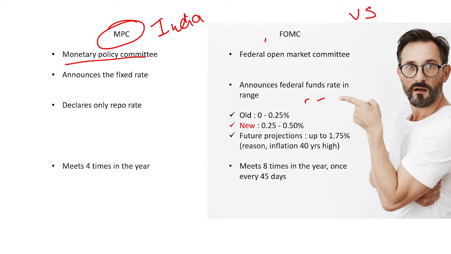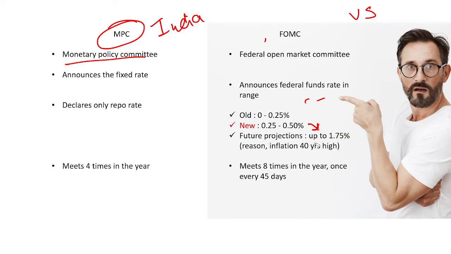Then the future projection for this rate is up to 1.75 percent, right? The main reason for such a high interest rate is inflation. From the recent data, the last two years of COVID have impacted the US economy and the global economy through so many tough situations, right?